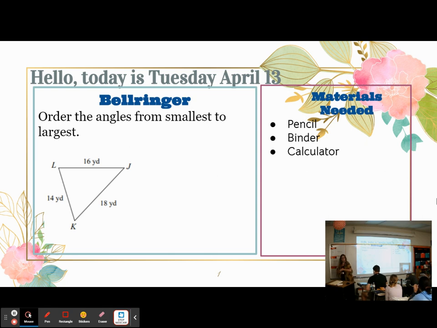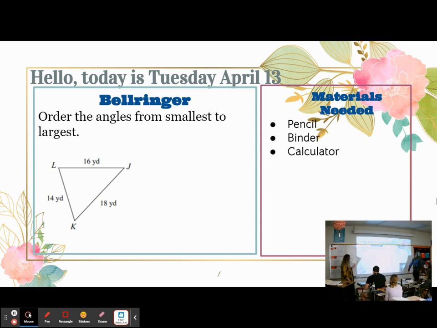Okay, what you're going to do today is a worksheet. Your worksheet is just like the notes from yesterday. In exercises 1 and 2, list the angles of the given triangle from smallest to largest. In exercises 3 and 4, list the sides of the given triangle from shortest to longest.